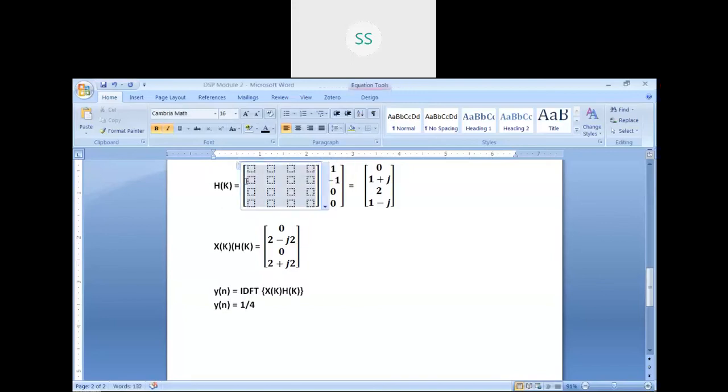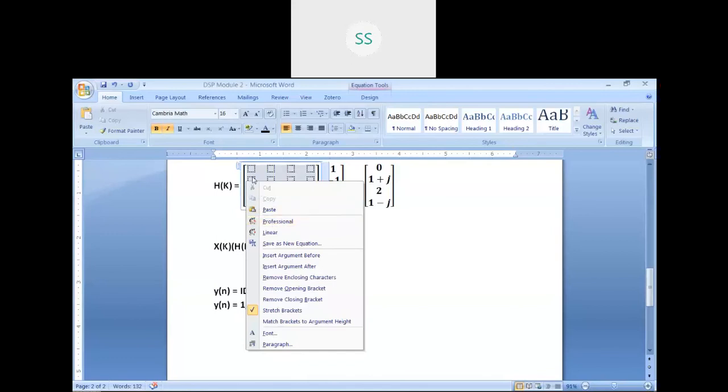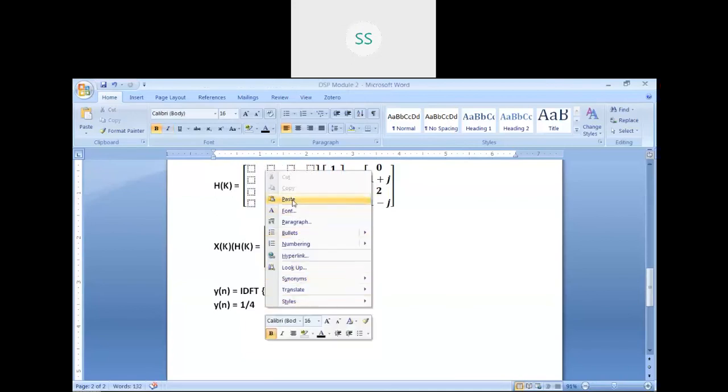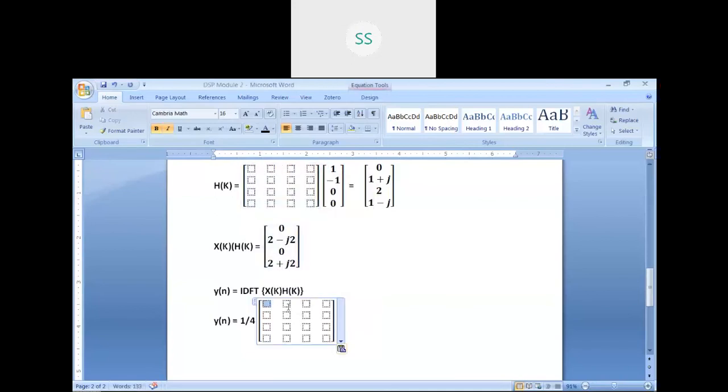insert the same matrix now. So you just write the inverse matrix. 1, j, of course it is minus 1, now it is minus j. Yes, IDFT matrix.